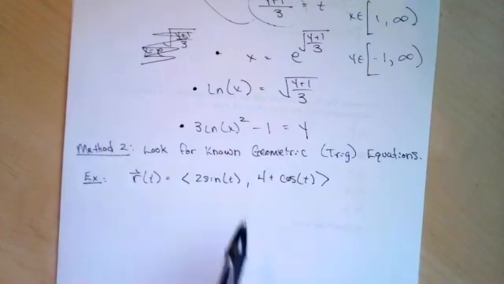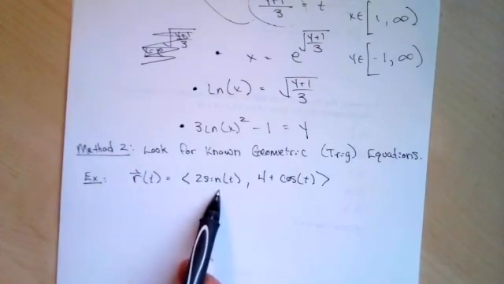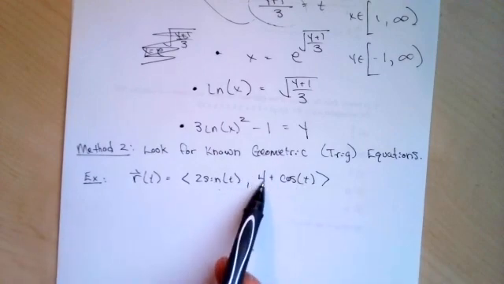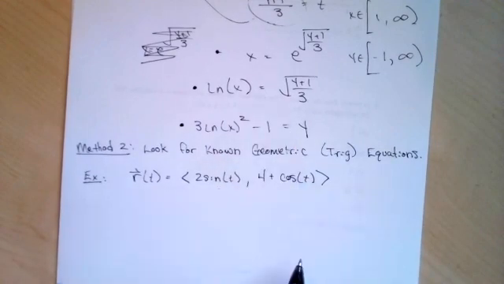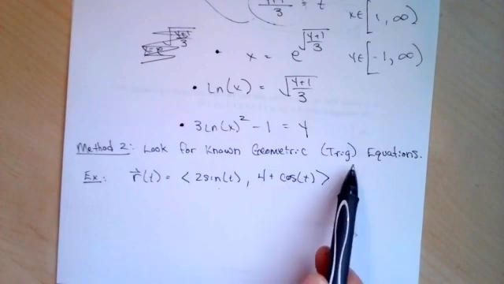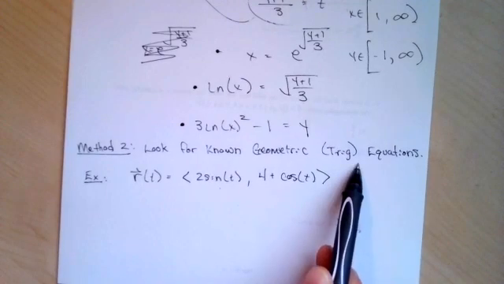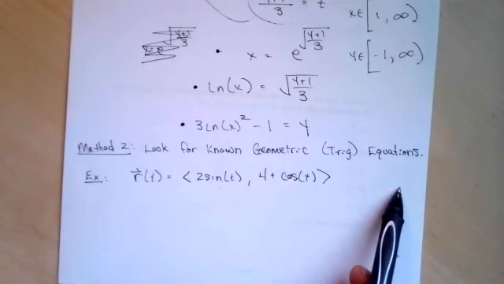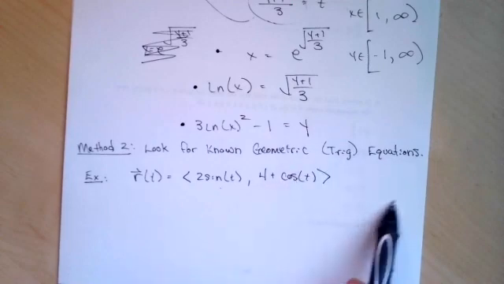It should look very similar to an ellipse because we've got this sine t and cosine t, and then it's just that our y coordinates are shifted up by 4. So the y range is going to be between 3 and 5. The x range is going to be between -2 and 2. And it should look like an ellipse just shifted upwards.